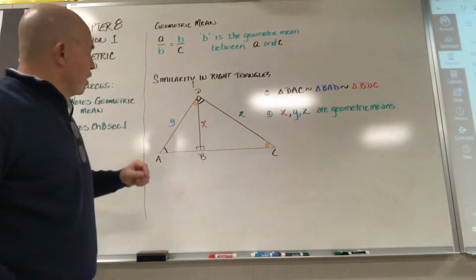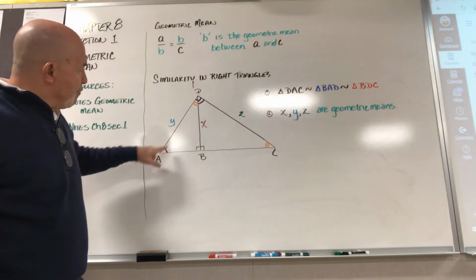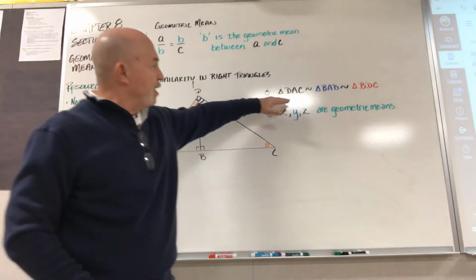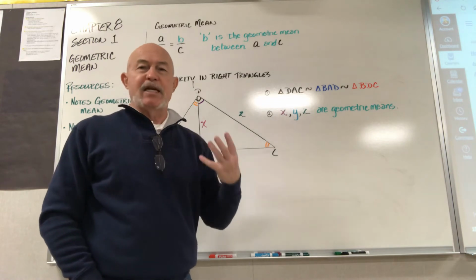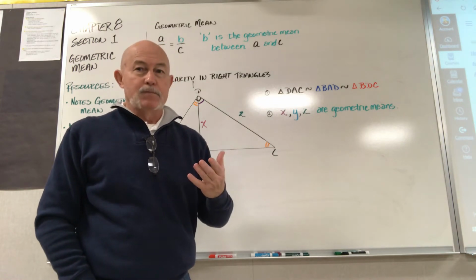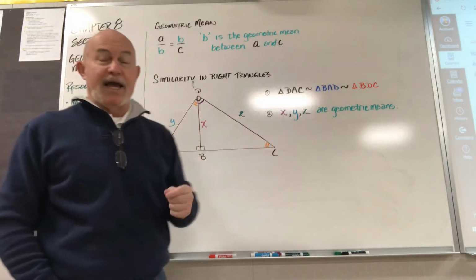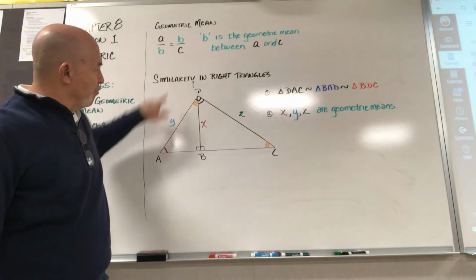But, okay? So what we have to remember is this. I put the marks in here so we would have an idea of what goes with what. And that's how I find, and that's just me, the easiest way to set up the similarity statement. Okay? If I have the angles, I already have the 3 right angles, so that's a good starting point. But then I'm going to look at the big triangle.